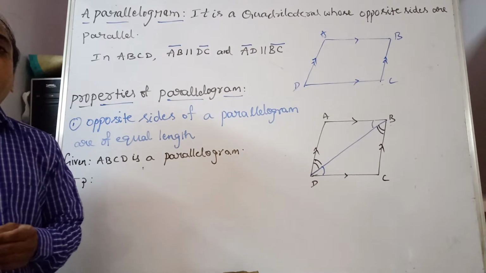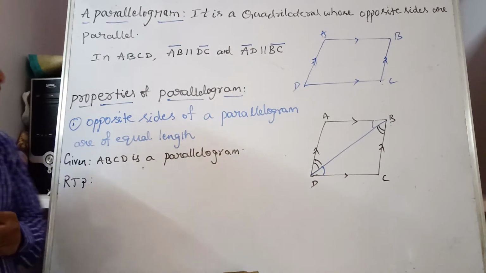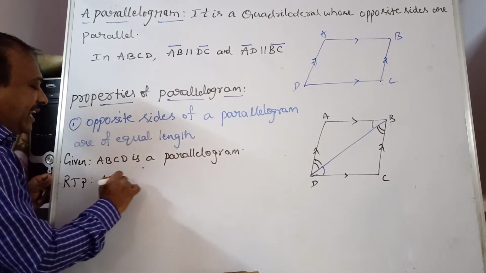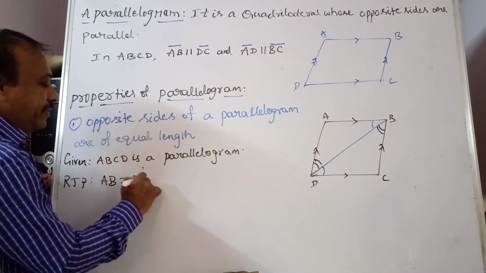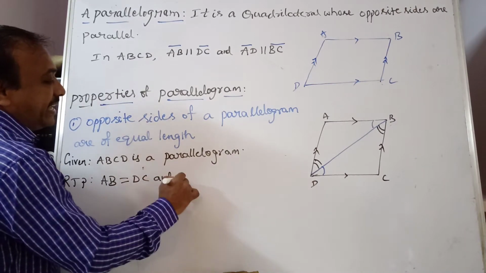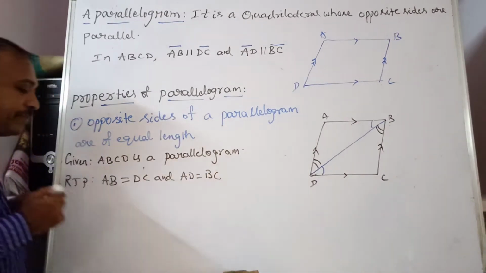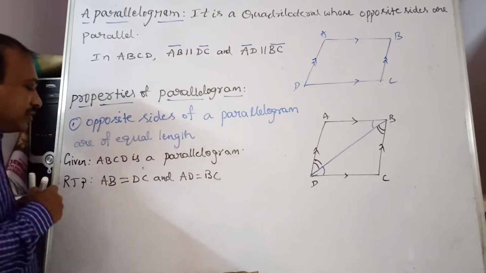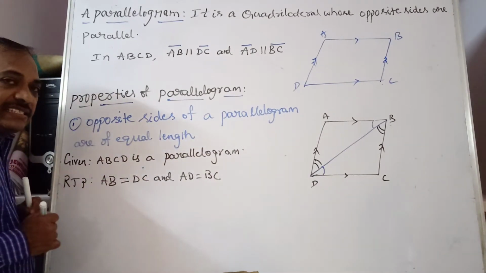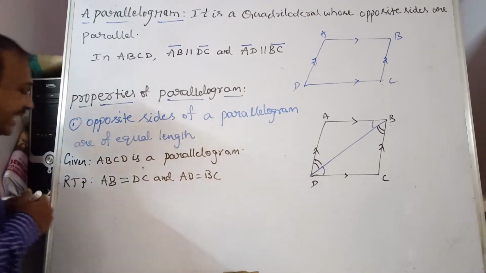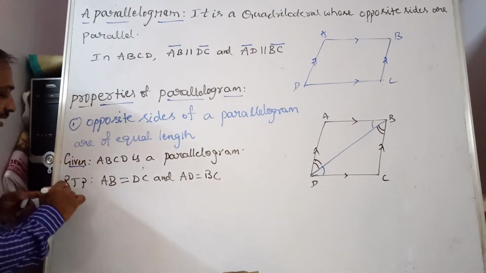It is required to prove, or to be proved. We have to prove that AB is equal to DC and AD is equal to BC. So side AB equals side DC and side AD equals side BC, we have to prove.